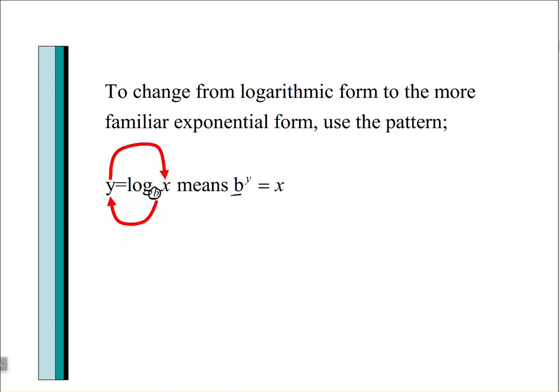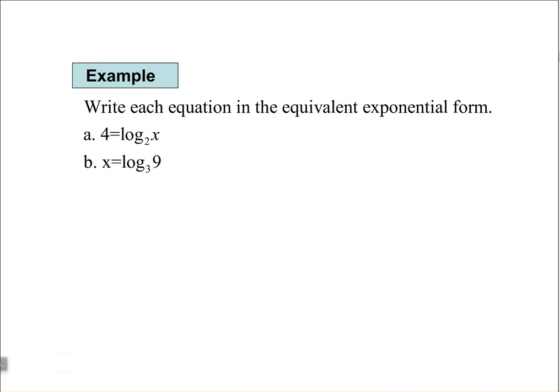Okay, so let's look at a few examples. If I want to write these equations in the equivalent exponential form, for part a, I'm going to rewrite this: we have log base 2 of x equals 4. We want to write this in exponential form.